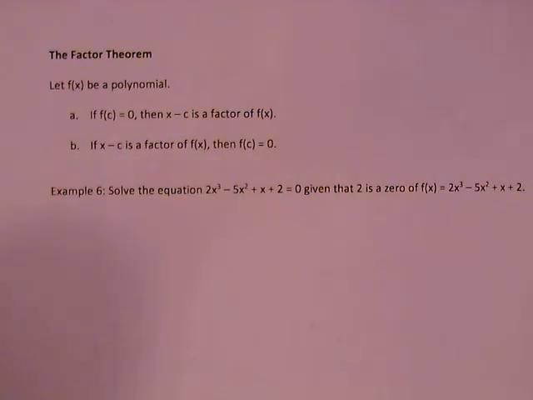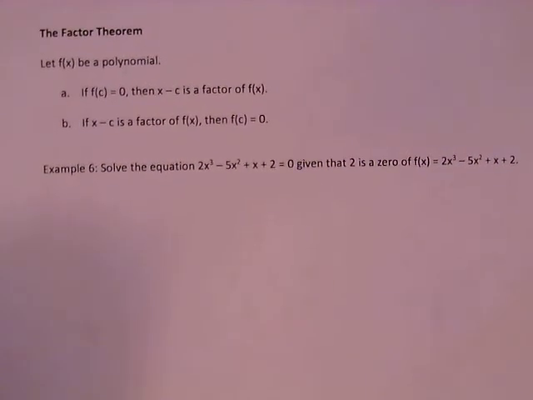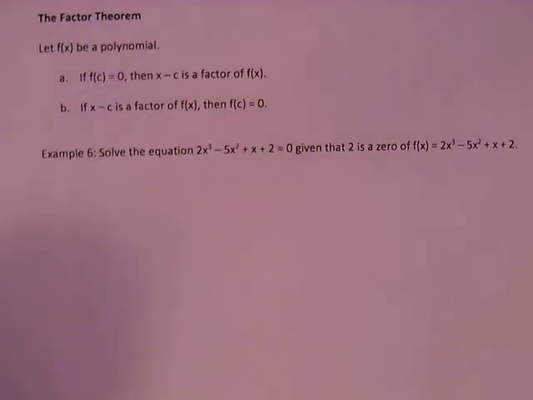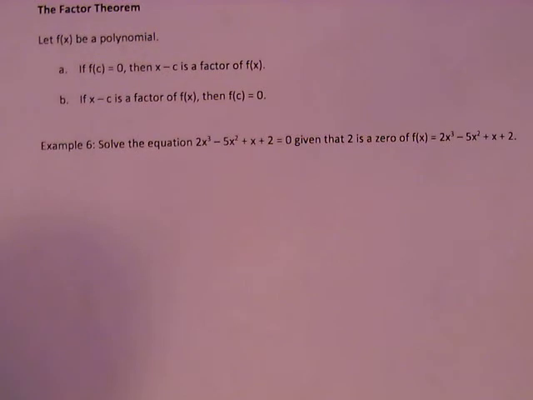And conversely, if x minus c is a factor of f of x, that means that f of c must be equal to 0. That's what the factor theorem is. So here we're going to use that and synthetic division to solve these two problems, like in example 6.